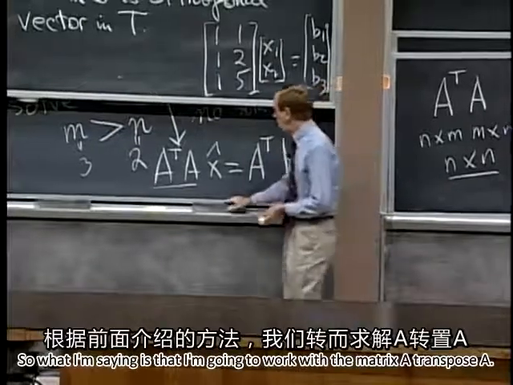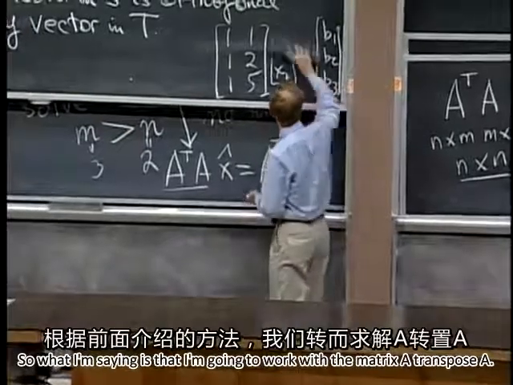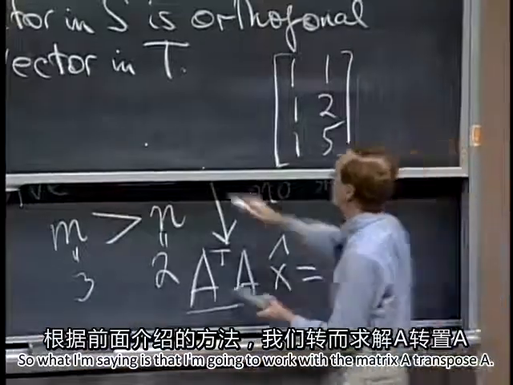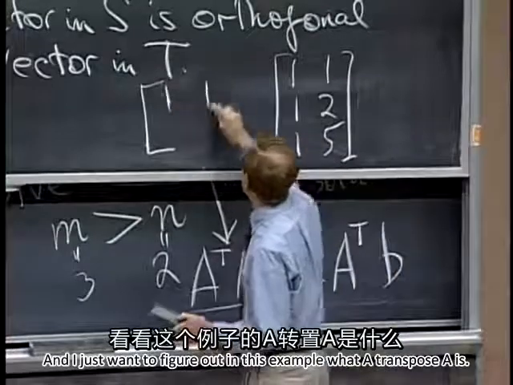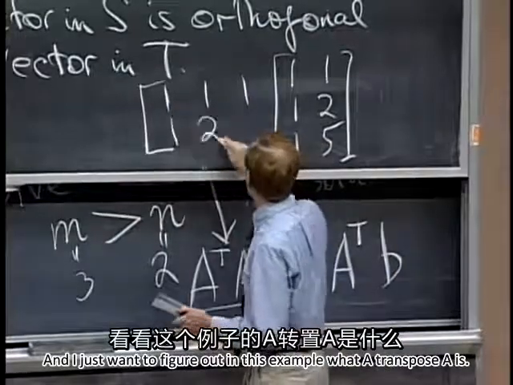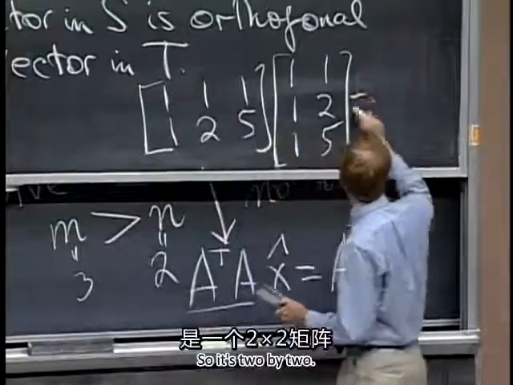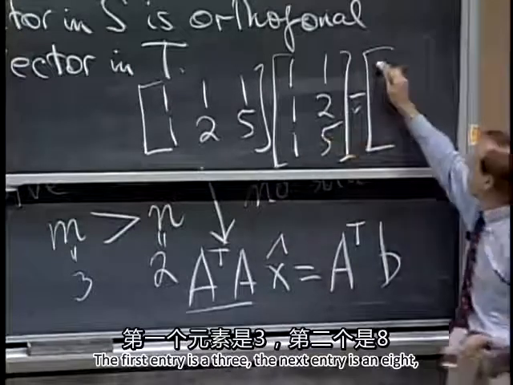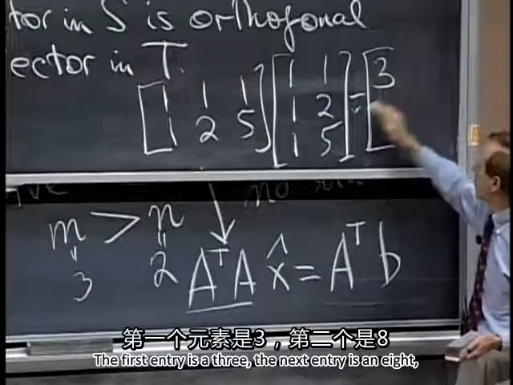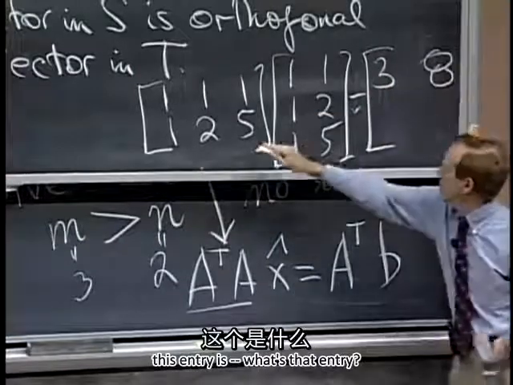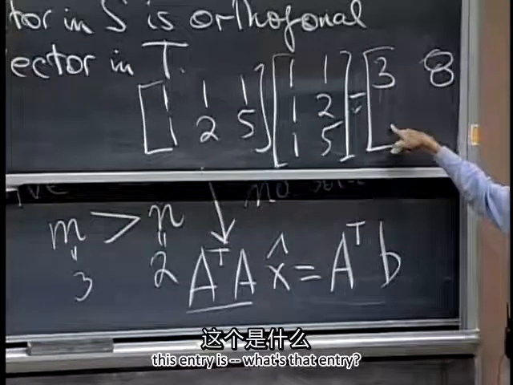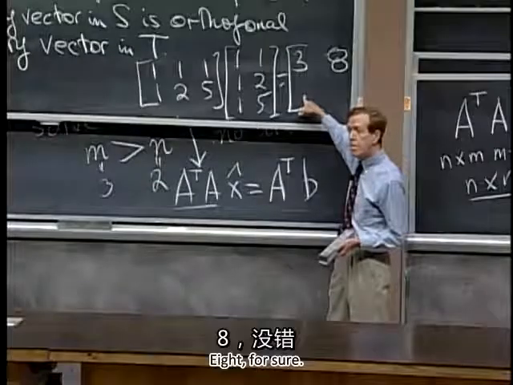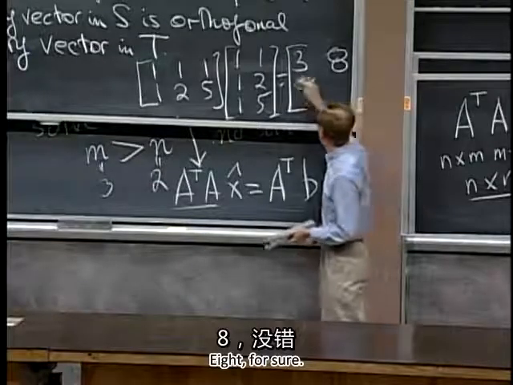So I'm going to work with the matrix A transpose A. And I just want to figure out, in this example, what A transpose A is. So it's 2 by 2. The first entry is a 3. The next entry is an 8. This entry is 8, for sure.